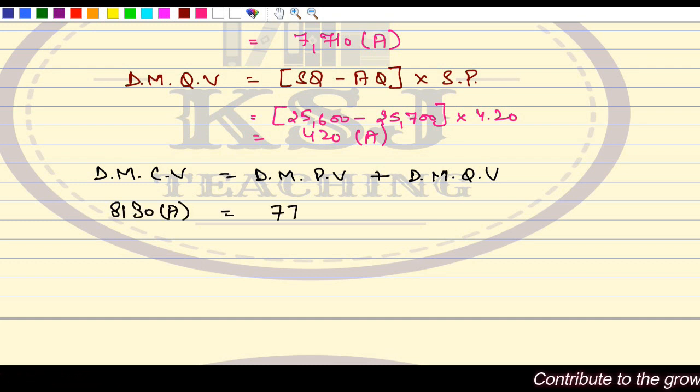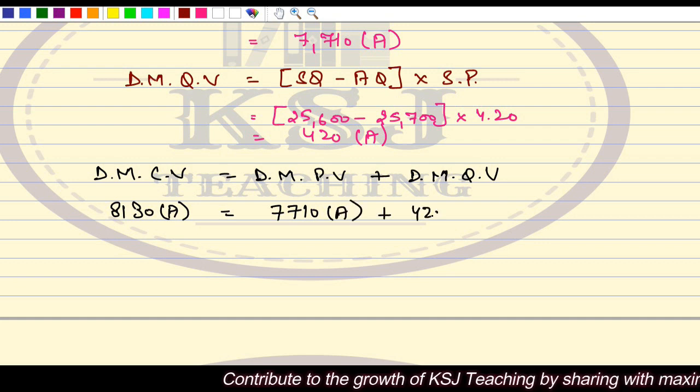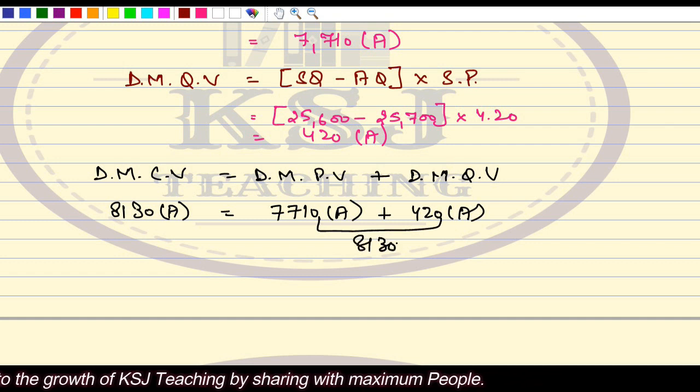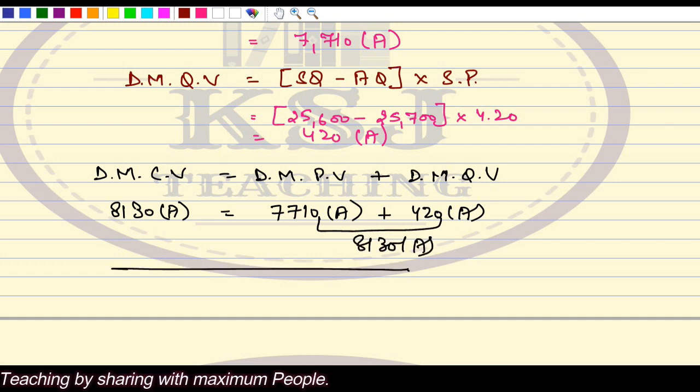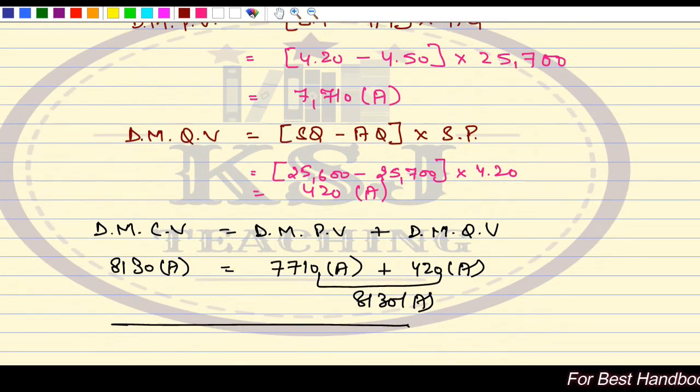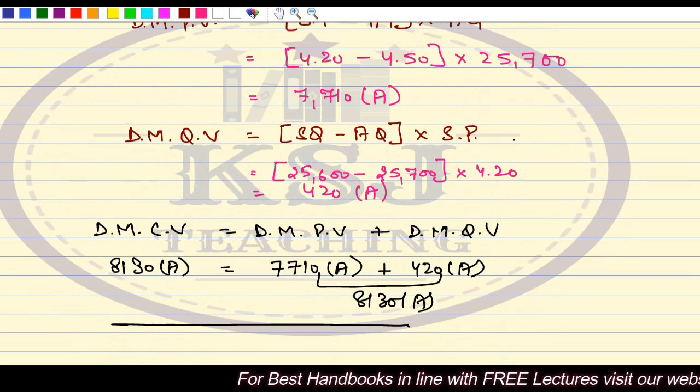What is price variance? 7710 adverse plus the quantity variance 420 adverse, right? So this total is 8130 adverse. Clear? If you are going to use in the price variance the actual quantity purchased, in that case it will vary, right? In that case your answer will vary.